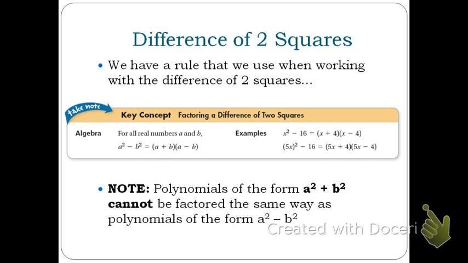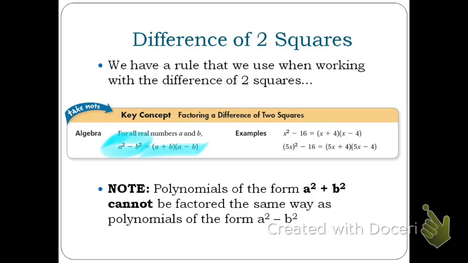So, if you look on the left, if you can identify a squared minus b squared here, if you can figure out what a and b are, then you can set up your difference of squares. You're going to put your factors of a squared in the front part of each binomial, and the factors of b squared in the back of each binomial.